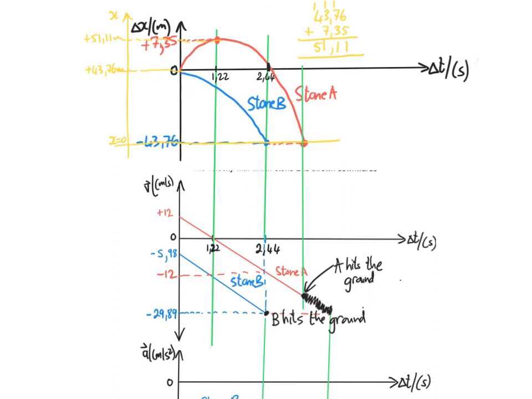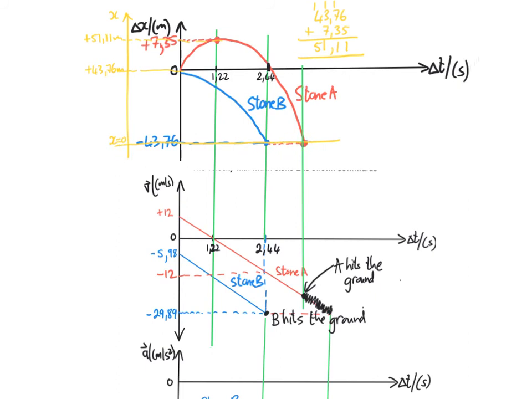So its initial gradient is not 0, it's not horizontal, so it's got a bit of a slope, and it gets increasingly steeper in the negative way because the velocity is increasing in a negative direction. We can see it gets increasingly more negative. And both stones will stop at x equals 0, with respect to ground level.